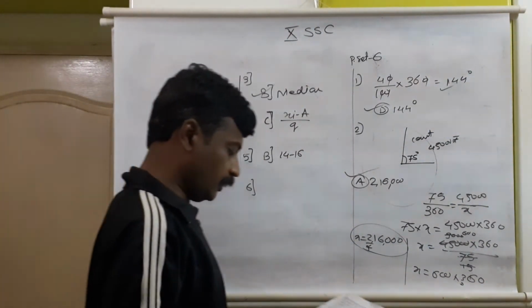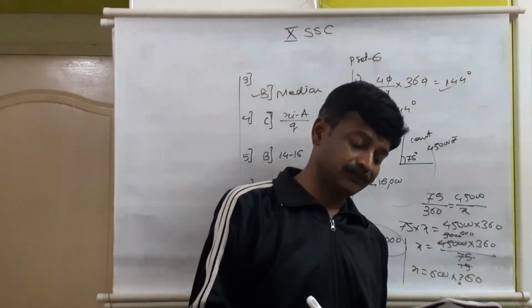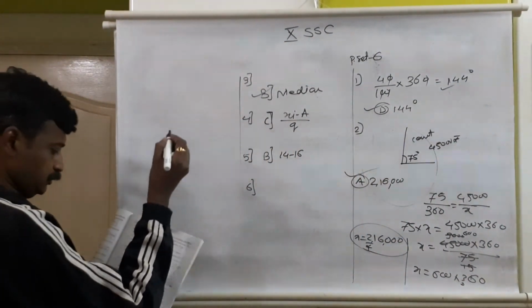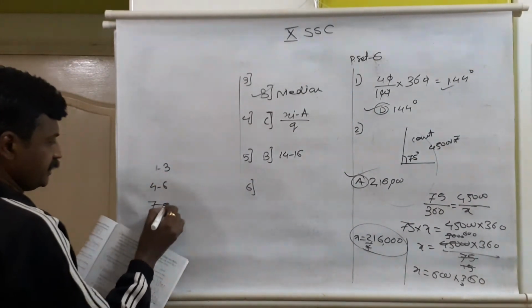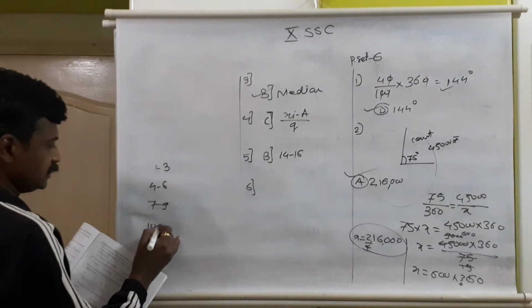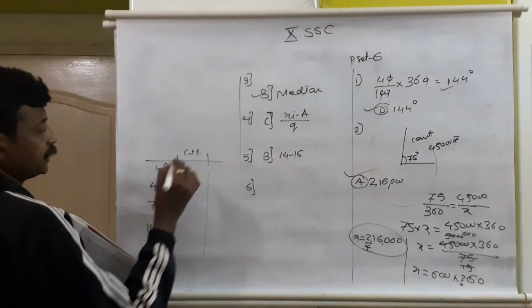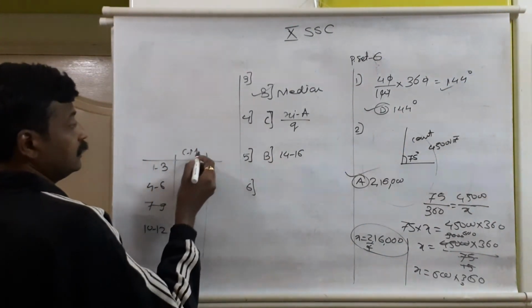Then the coordinates of the points to show the number of students in the class 4 to 6. So see what is available here. First class is 1 to 3, then 4 to 6, then 7 to 9, and then 10 to 12. The x coordinate will be the class mark.